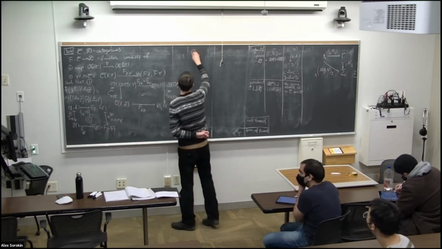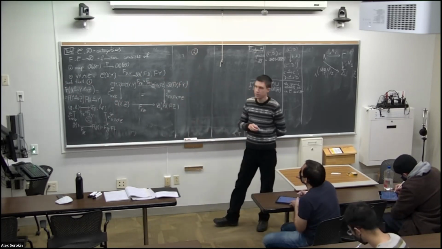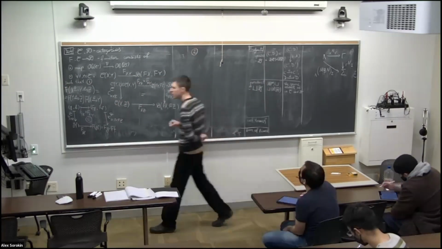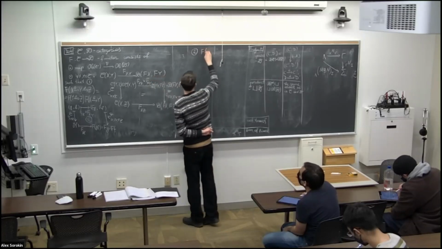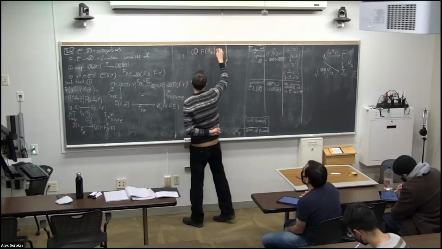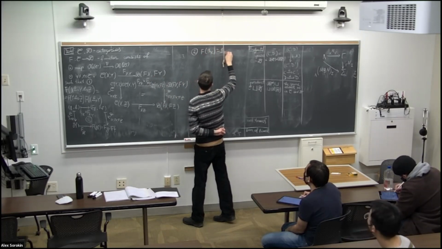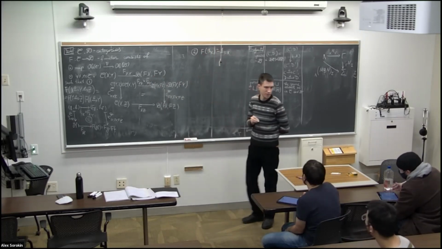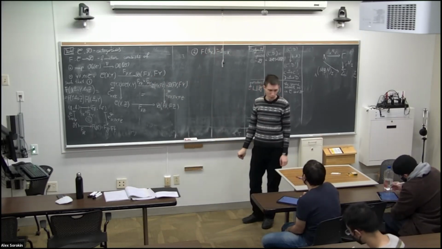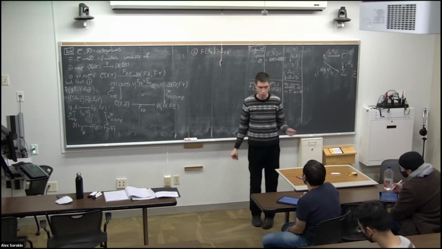And there's a second part: F of the identity on X is the identity on FX. Well, we know what the identity is. It's a choice.